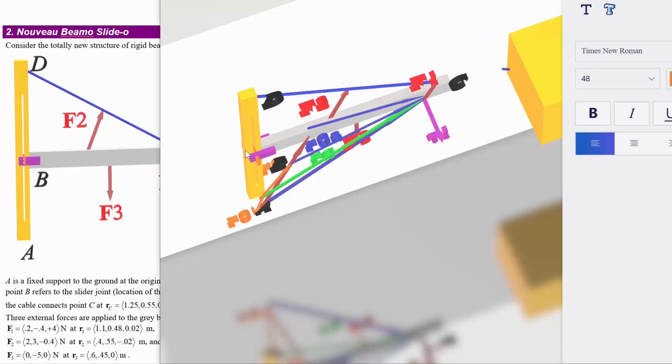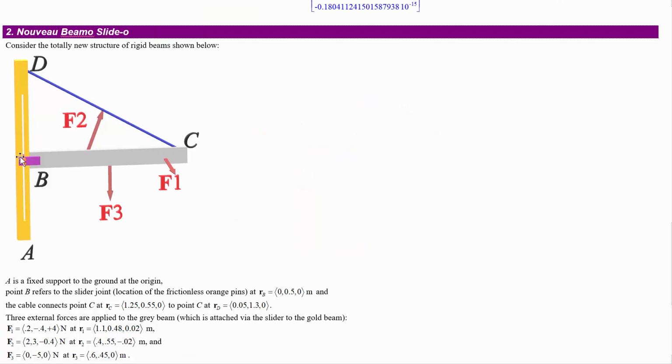We have a positive and kind of large MBY needing to be applied. Why would that be? Well, because we've got a decent torque from this F1 applied there, and we need to cancel it, and we're not getting any canceling of that with the cable or with any of these forces because they're at that same moment arm spot. So yeah, we're canceling the torque provided by F1's Z component by using an MBY there.